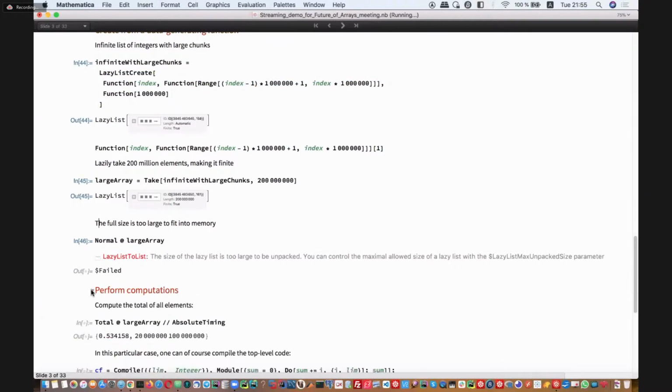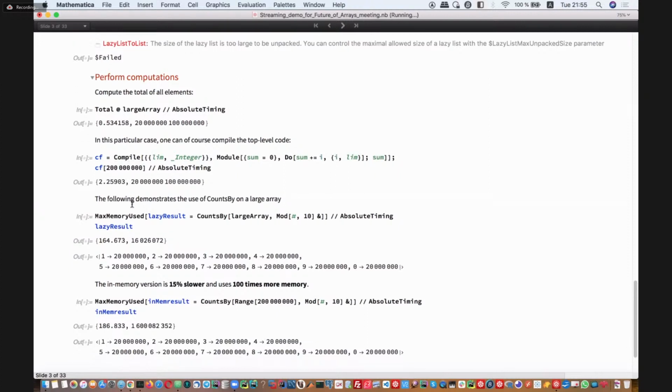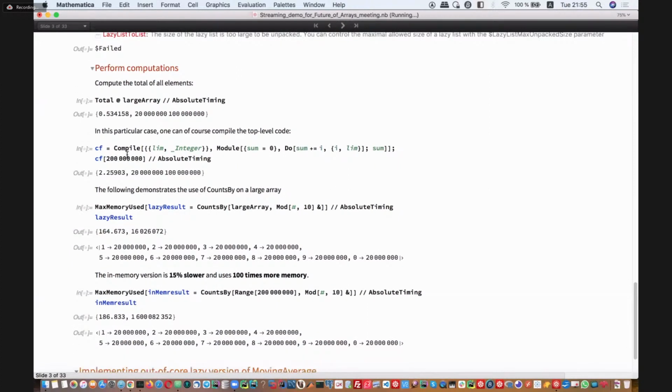And so if we perform operations, you can do total, and because we're pretending it's too large to fit in memory, it's about 2 gigabytes of RAM, but let's pretend. If you compile to MVM, it's still 5 times slower than what this streaming gives you.